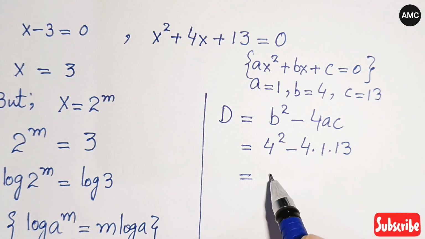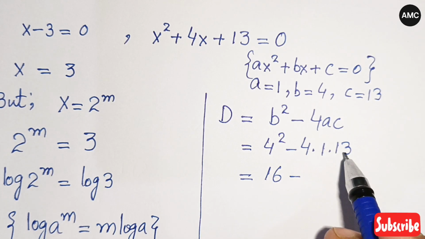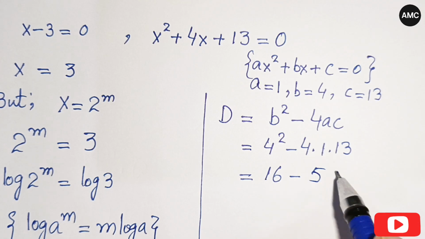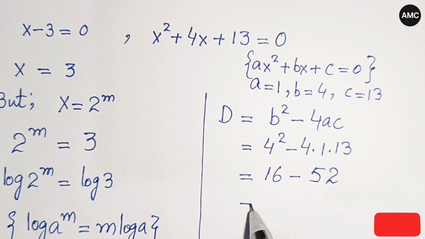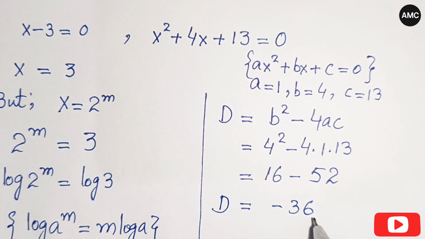So we get 4 squared is 16 minus 13 times 4 is 52. Here we have 16 minus 52, which is equal to minus 36. So the determinant is equal to minus 36, and we know that minus 36 is less than 0.